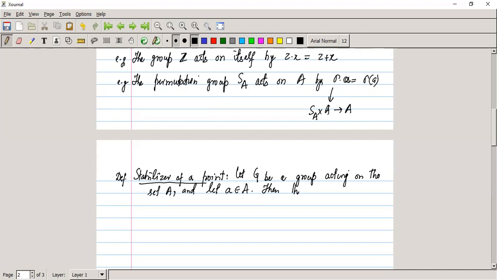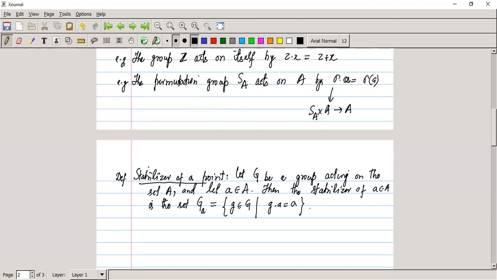The stabilizer of a belonging to A is the set usually denoted by G_a, and this is the set of elements g belonging to G such that g·a is equal to a.